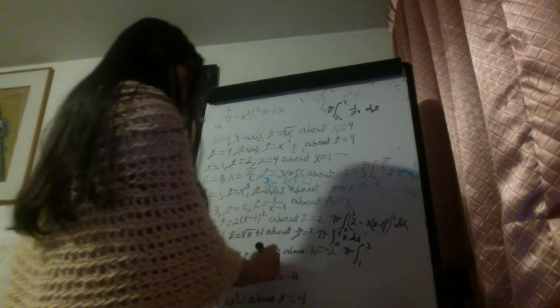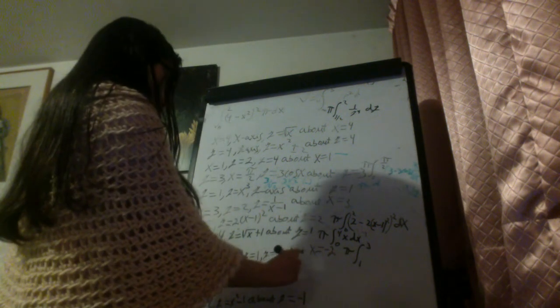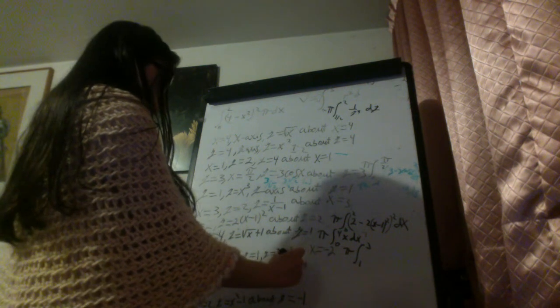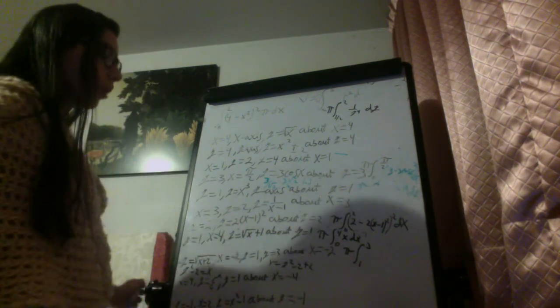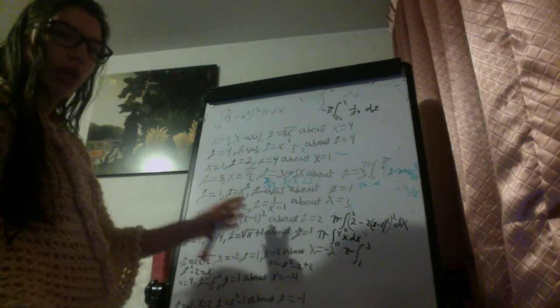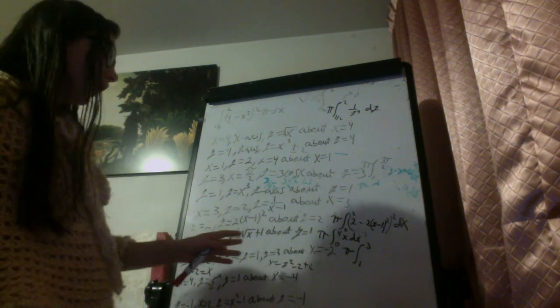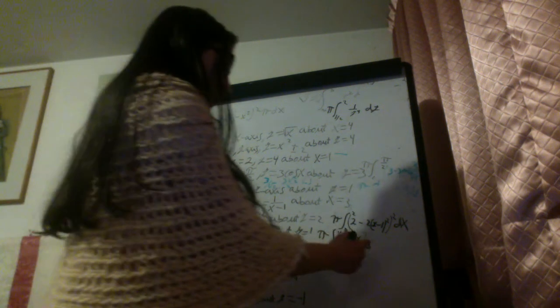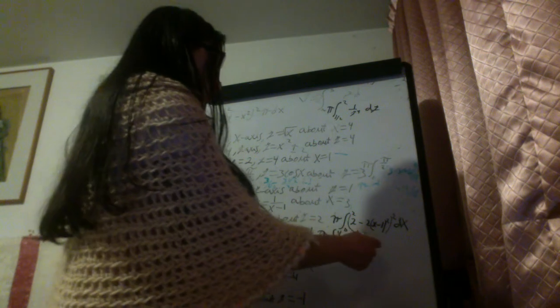The radius would be y squared minus 2 minus minus 2, so plus 2, and we already talked about why it is plus 2 if we are rotating around some negative value of x. And so we just have y squared as the radius, and we are squaring the radius, so we have y to the 4th power dy.